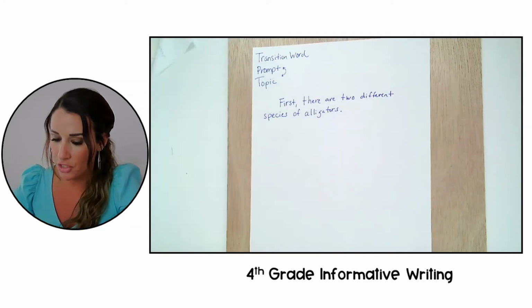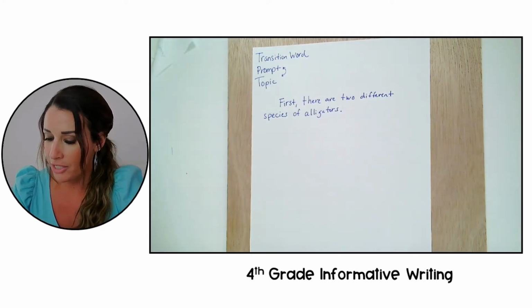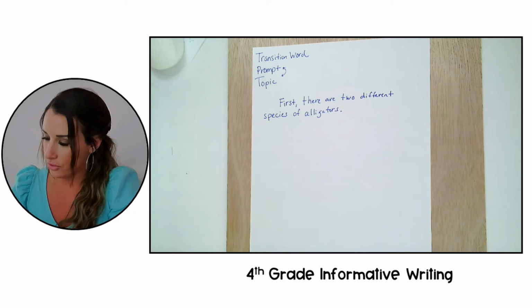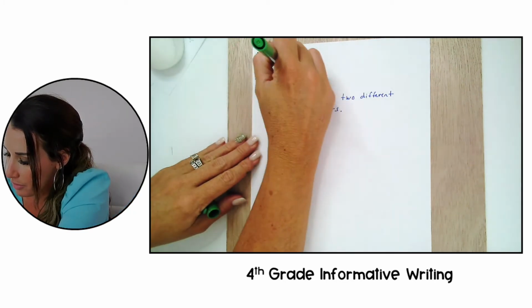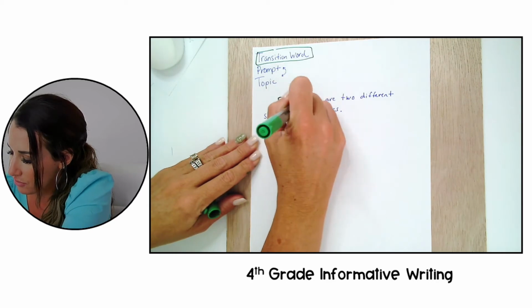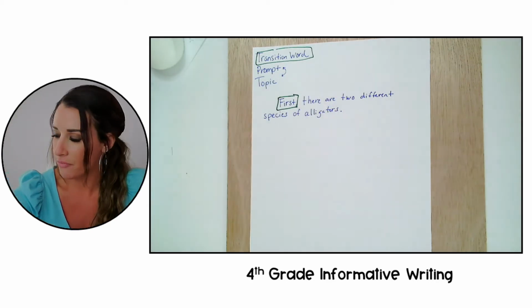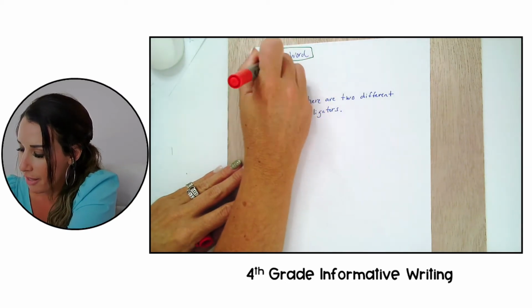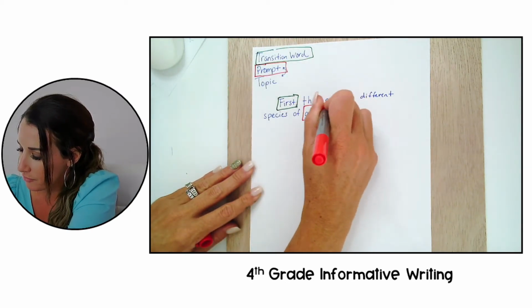Okay, now let me show you. My transition word, I'm going to put in green. That's first, just so you can see the different parts. My prompt, the prompt was about alligators, so that's right here.